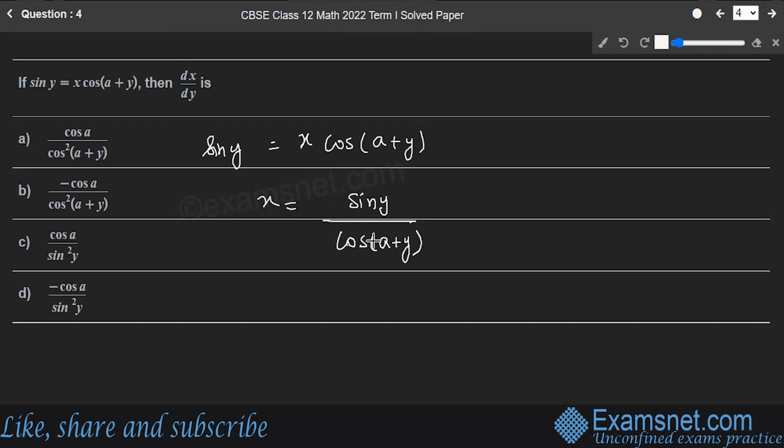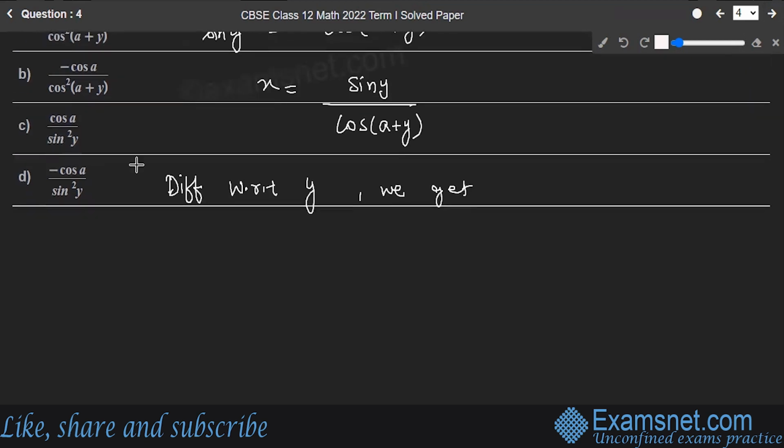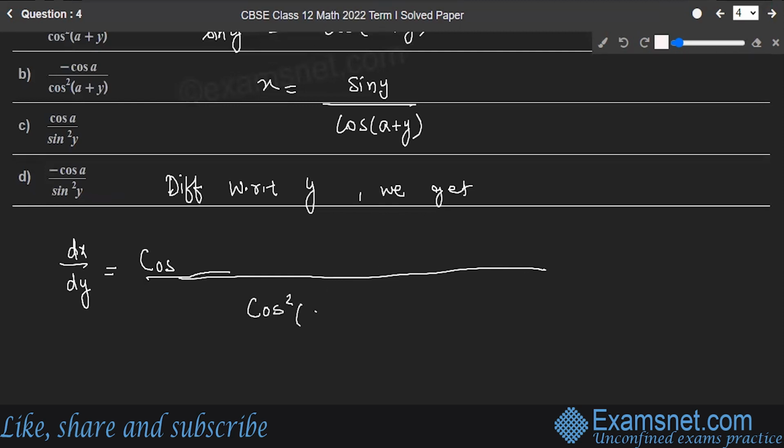Now differentiating with respect to y, we get dx by dy is equal to, first of all, you will have the denominator square, cos square a plus y.